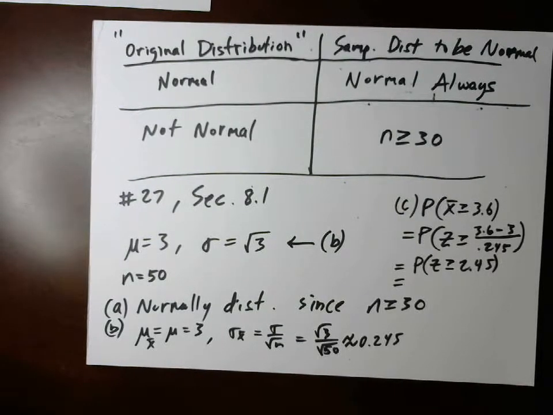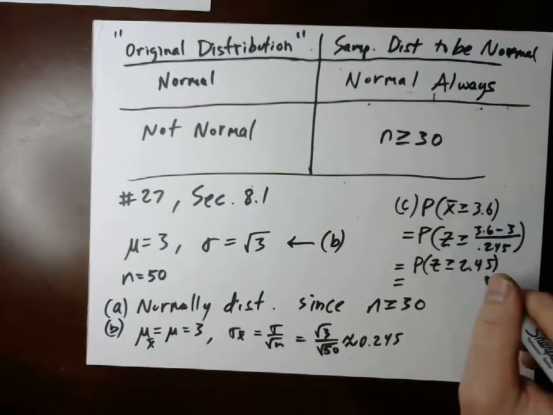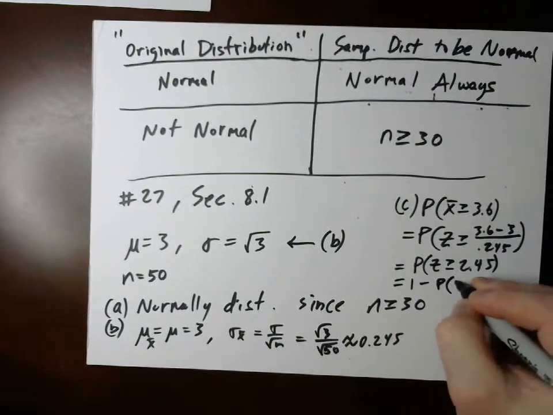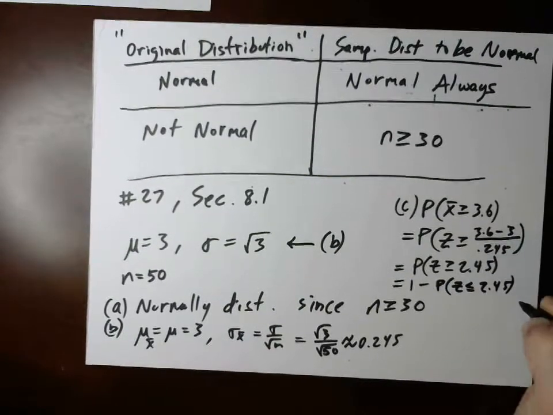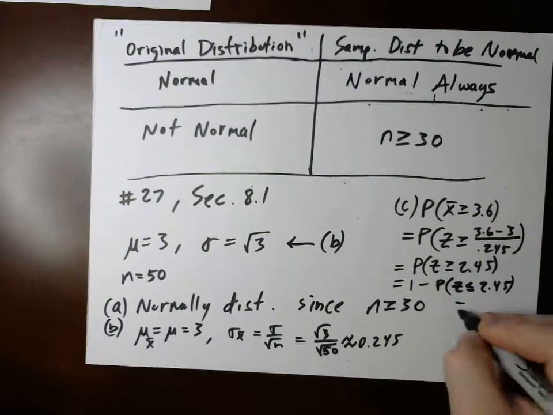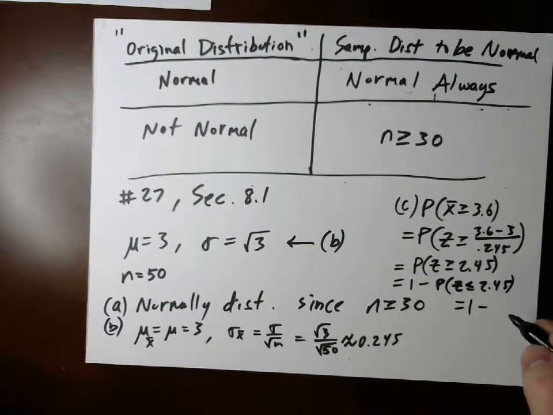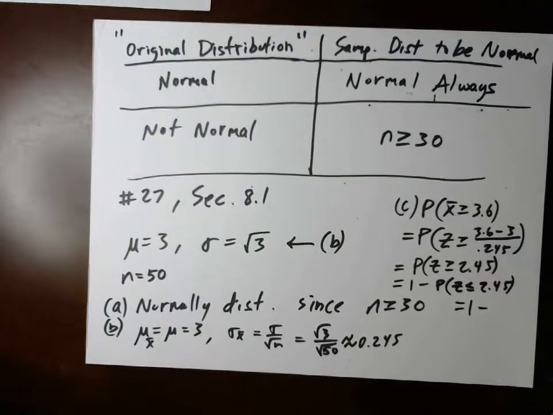this is equivalent to, and if you remember, you can look this up in a z-score table, 1 minus the probability that z is less than or equal to 2.45. Now we look this up in the z-score table at 2.45, and we want less than or equal to, because that's what the z-score table tells us.